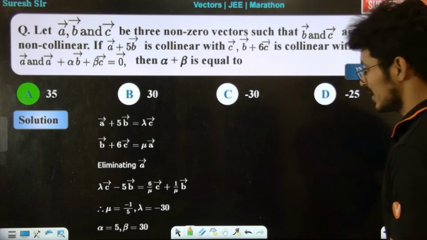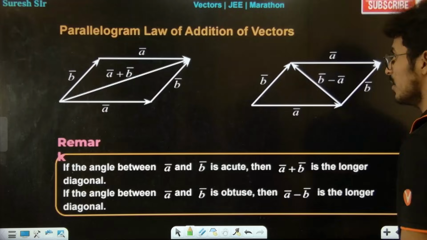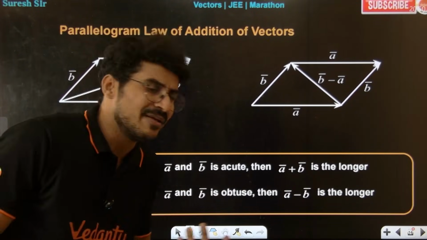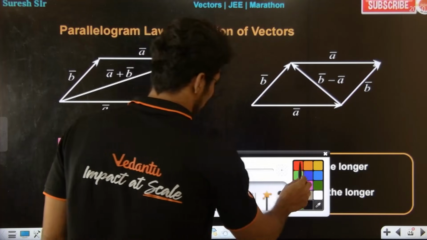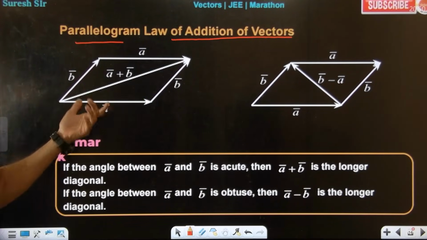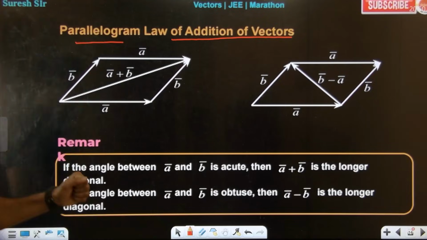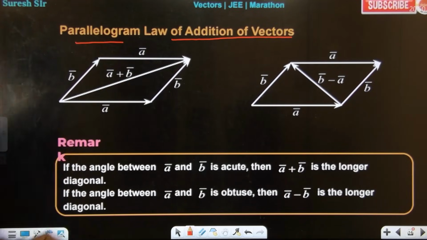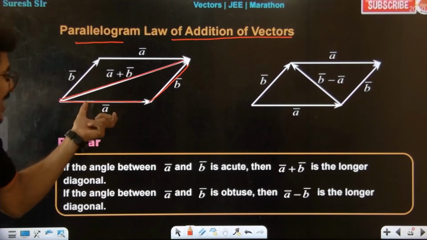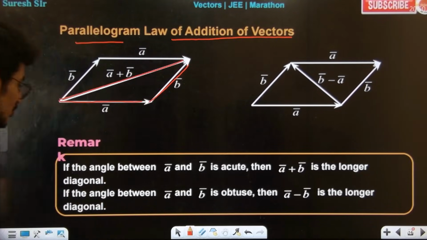Next. So we got 35. Now one of the very important concepts: the parallelogram law of addition of vectors. What is the parallelogram law? The diagonal will be A vector plus B vector. This is the displacement here.